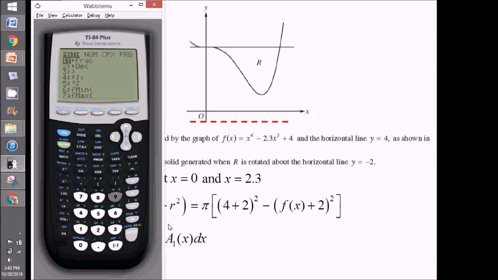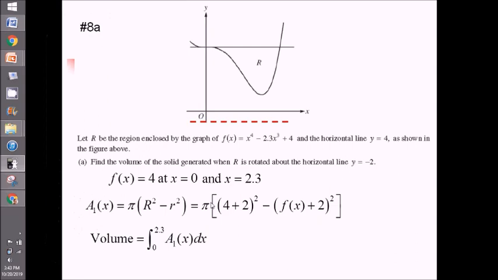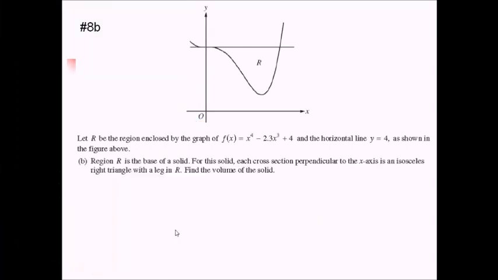So math 9, 0, 2.3. And I stored my area formula in alpha trace y3 for this one. So dx, that's going to come out to how much? 98.868. There we go.